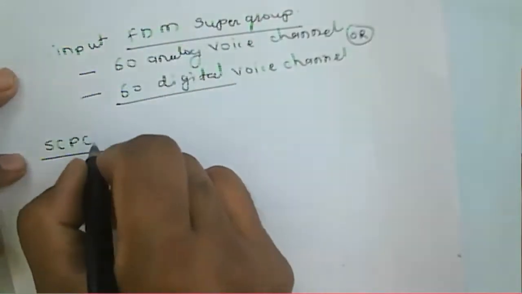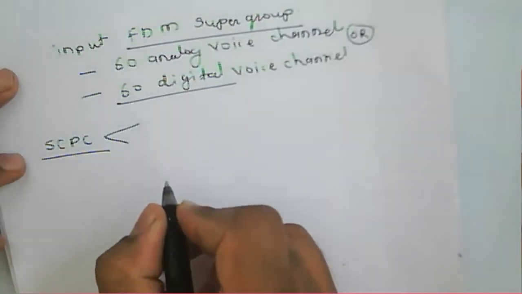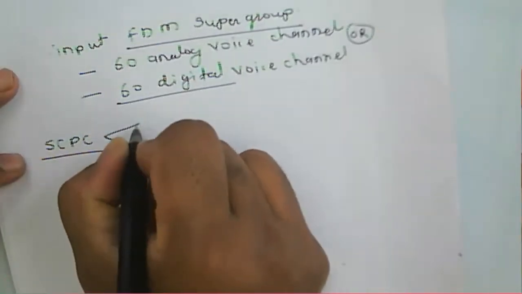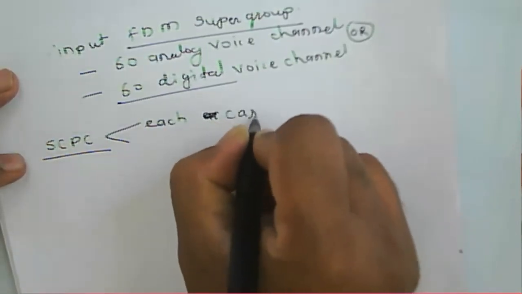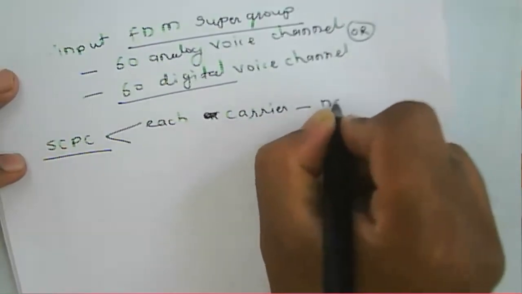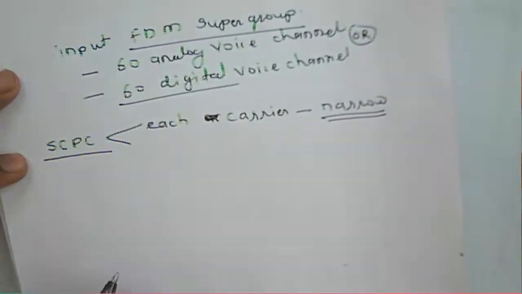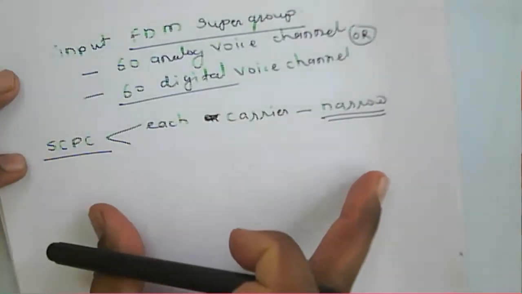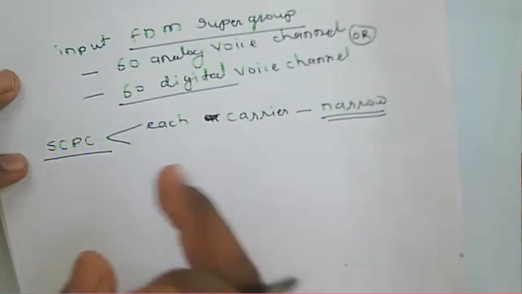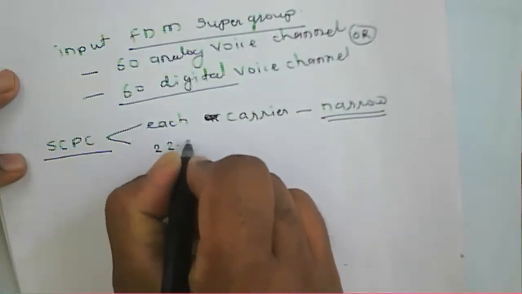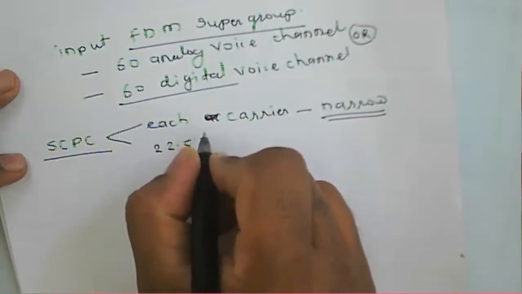But if you consider the bandwidth required for this SCPC system, the bandwidth for each carrier will be narrow. Yes, this is called a single channel per carrier system. The bandwidth for each carrier will be narrow, typically 22.5 or 45 kilohertz.